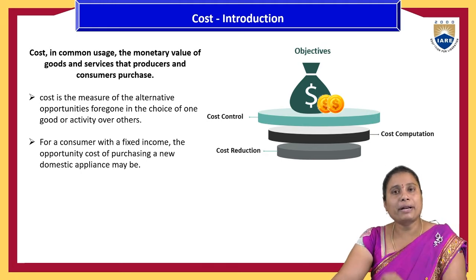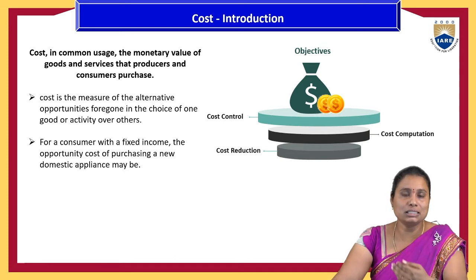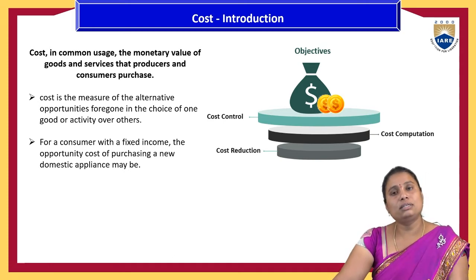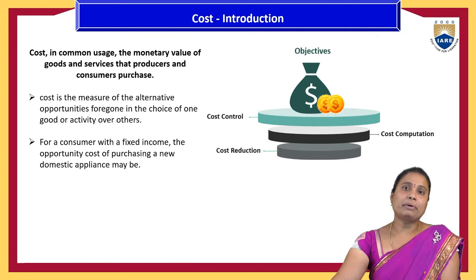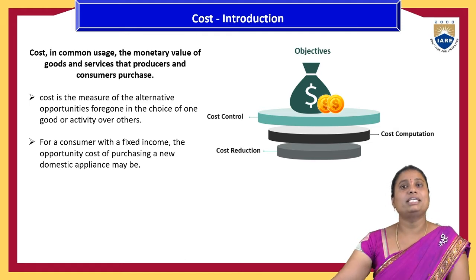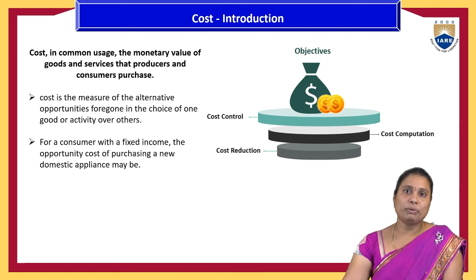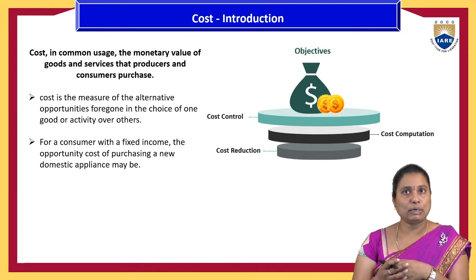Before going to fix a price for that particular product, he must know how much expenditure it costs him to get that product, so that he can easily fix a price. In fixing a price, and before analyzing the profitability levels of the organization, it is mandatory to know how much expenditure is incurred by the producer on a particular product, which is going to be discussed under the cost concept.